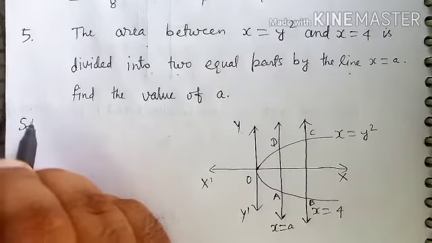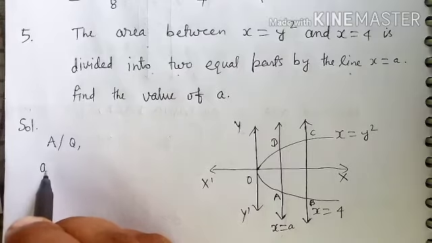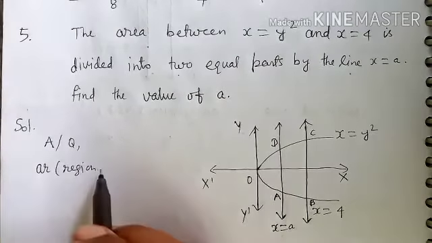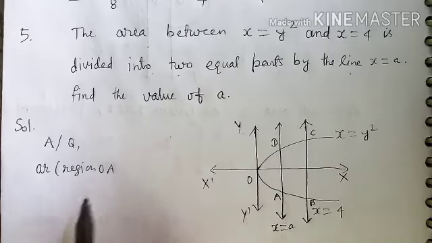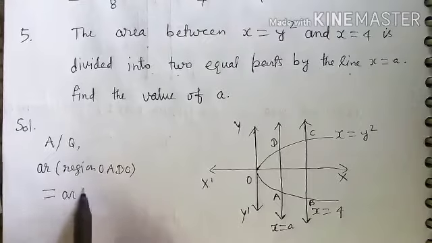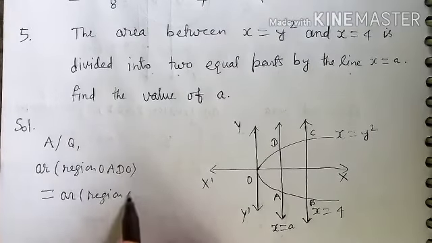Solution. According to the question, area of region OADO is equal to area of region OBCO.